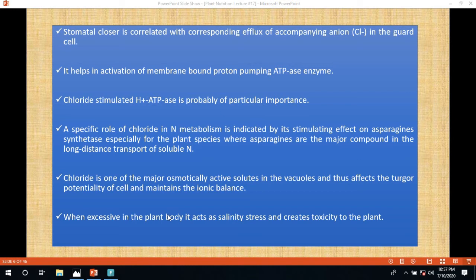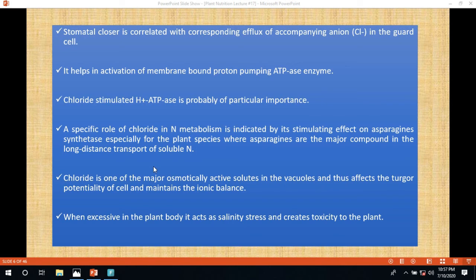Stomata closure is correlated with corresponding efflux of accompanying anion in the guard cell. It helps in activation of the membrane-bound protein pumping ATPase enzyme. Chloride stimulates proton ATPase, which is probably of particular importance.